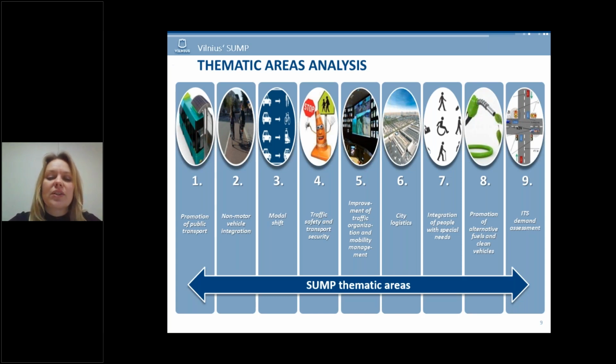We were not looking at a topic like modal split or urban freight; we were looking at the city as a full picture with different topics at one time. You will see in the measures, if I have time and a good connection, how that looked. But in most of the cities, we just analyzed those 9 thematic areas and produced separate suggestions on how to improve each or a few of these thematic areas.